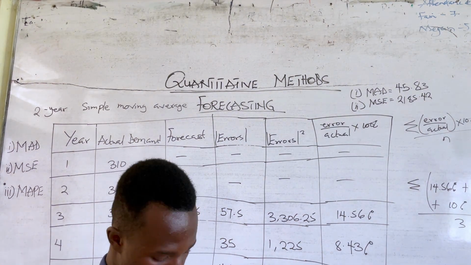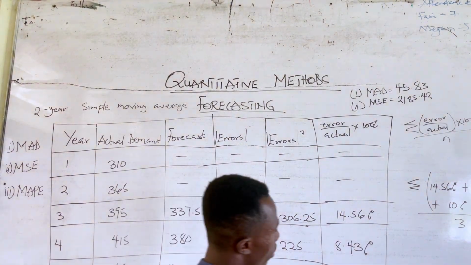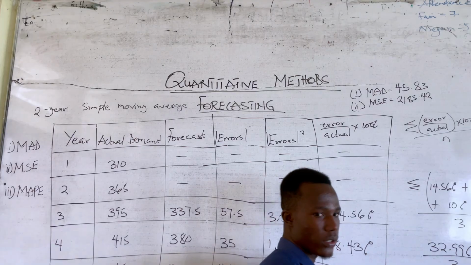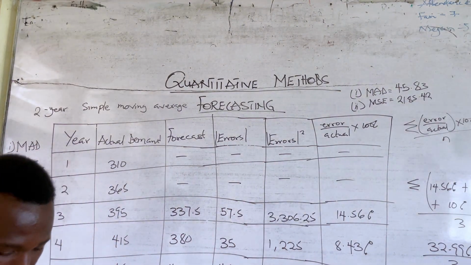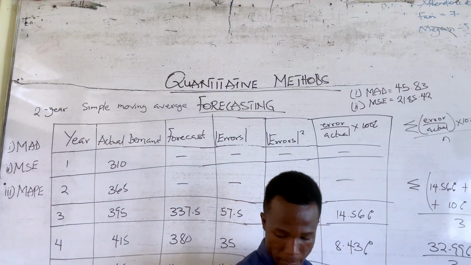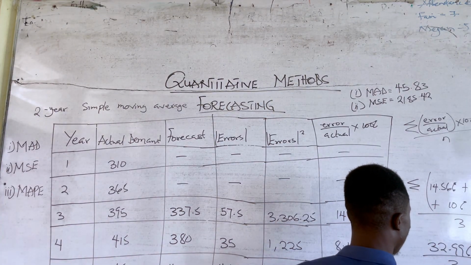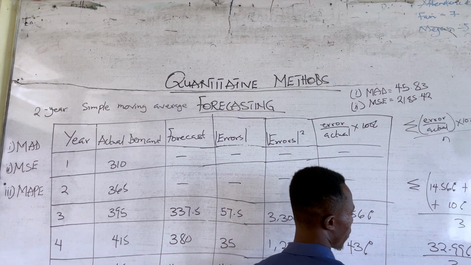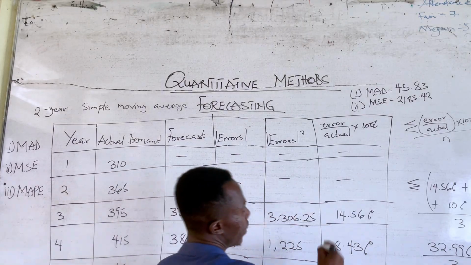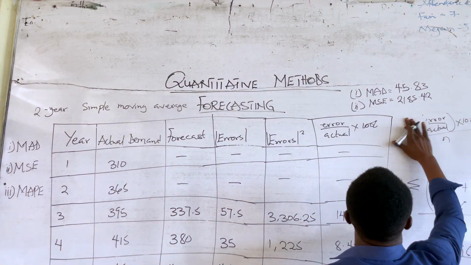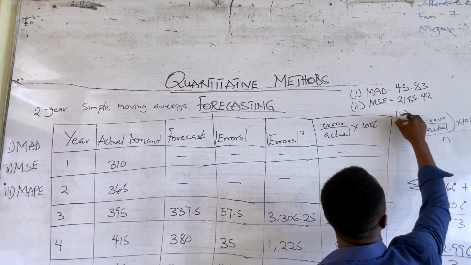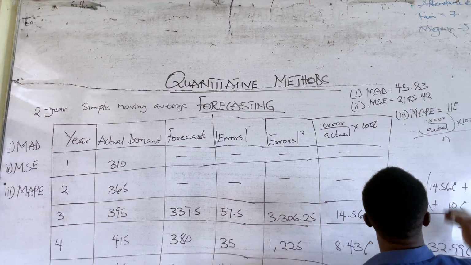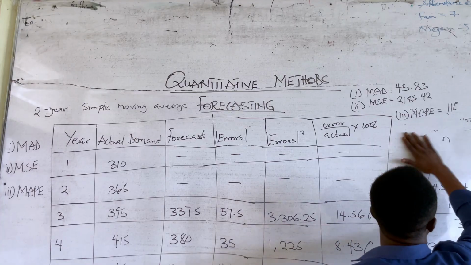So we have 32.99%. So we have 32.99% divided by 3. Okay. So we divide our results by 3. We have 10.996. So here, if you round this, you are going to get 11%. Okay. So it means our last question, which is the MAPE, is 11%. Okay. It's 11%. Okay. Then we are done.